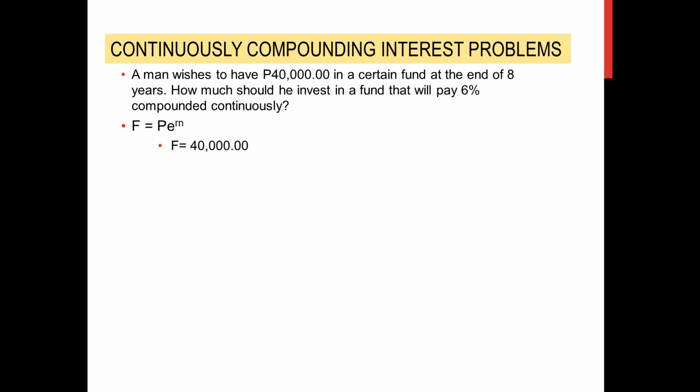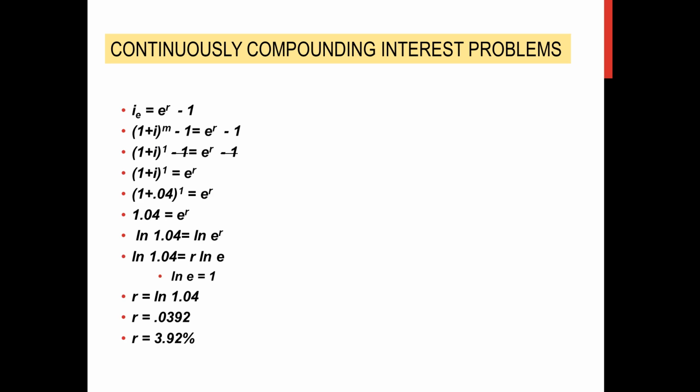So how much should he invest? R here is 6%. We will substitute in the formula. P is the present worth he needs to invest. So that is 24,751.34 for him to have 40,000 after 8 years if it is compounding continuously.